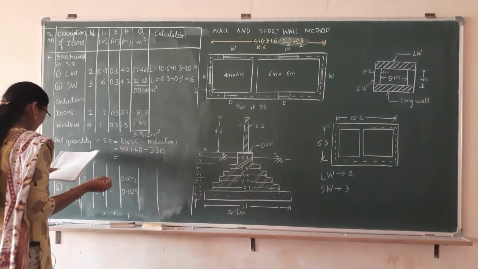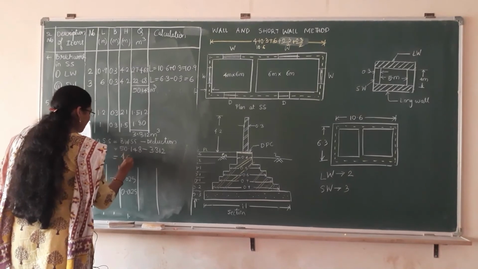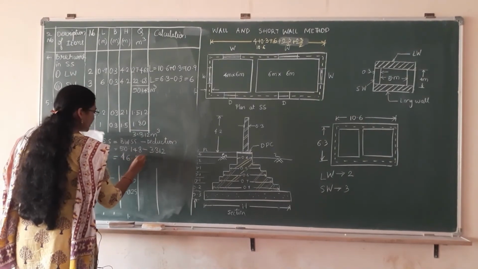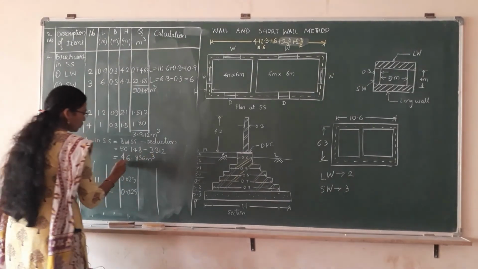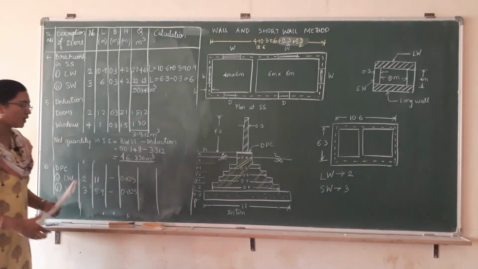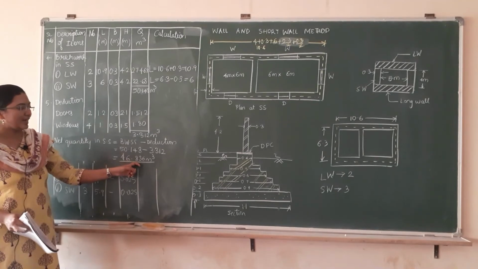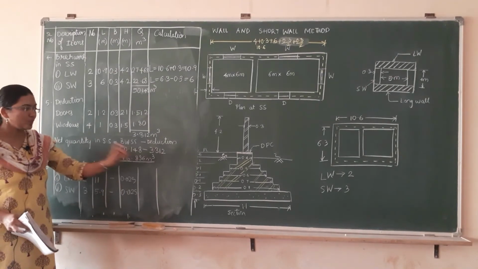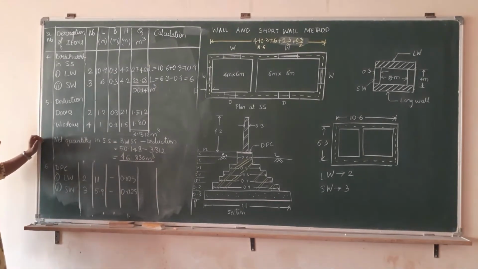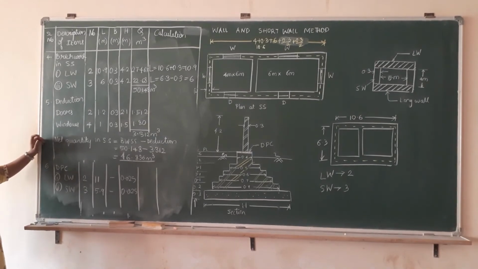So that will be 46.836 meter cube. So the net quantity of brickwork required in the superstructure is 46.836 meter cube. So lastly, we have to calculate regarding the DPC, damp proof course.